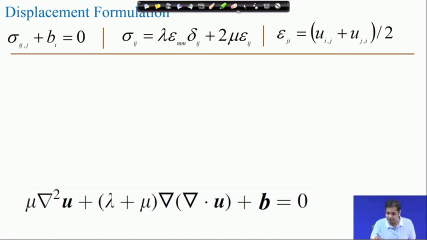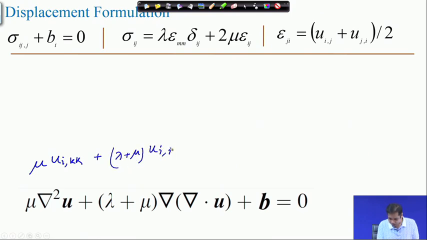So, this is the first term, which, if you recall, was mu into u_i,kk. And then recall this term was lambda plus mu, u_k,ik. This term gives you this, and then plus b_i. This was equal to 0.